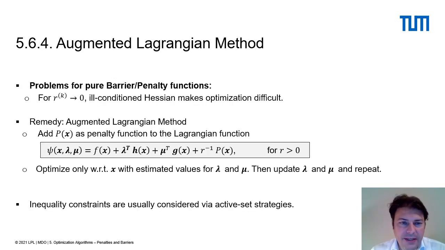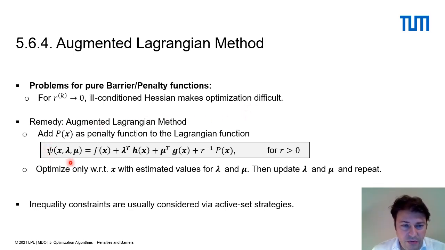The problems you encounter using barrier and penalty functions can be avoided by using a combination of penalty functions with the Lagrangian function. And this is how it works.